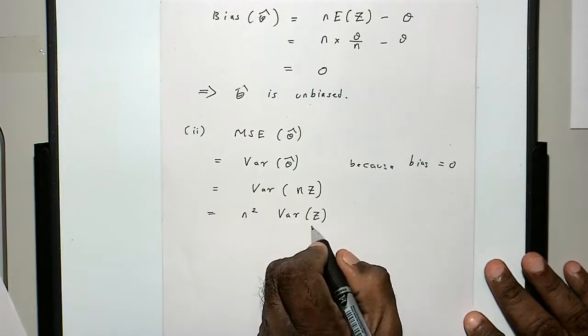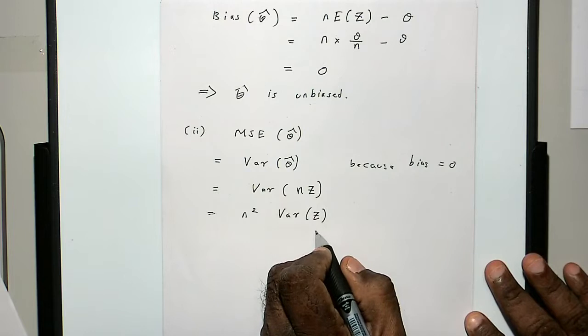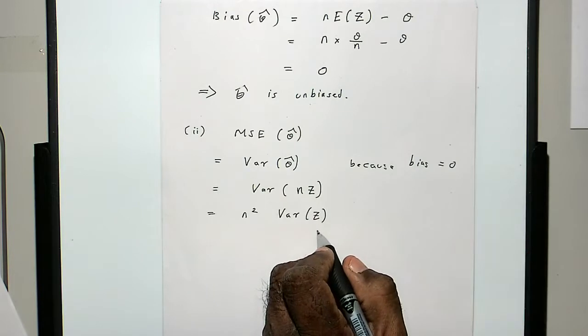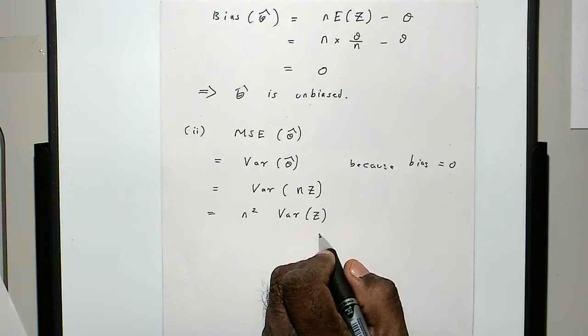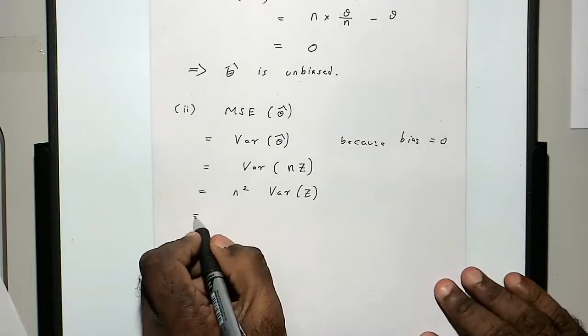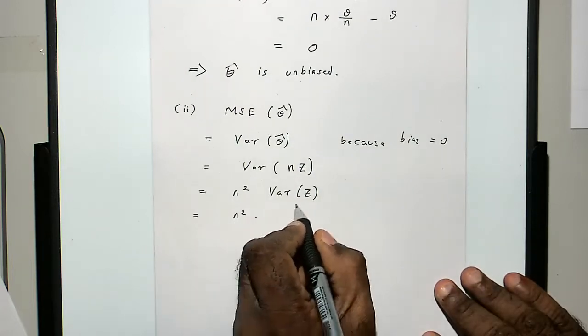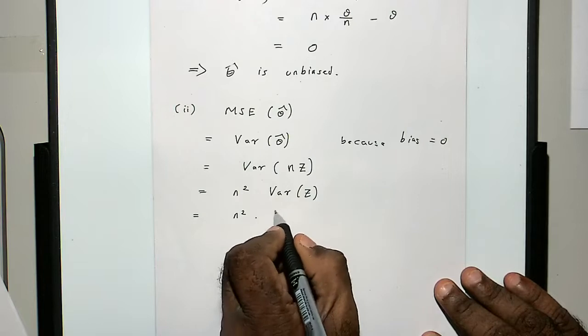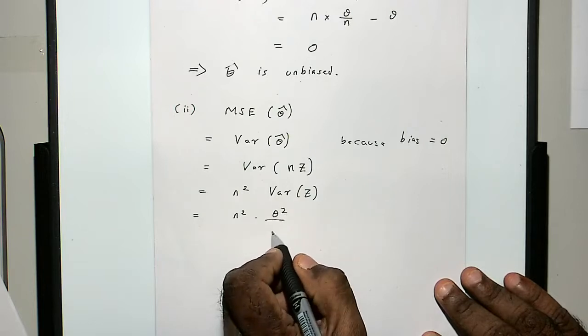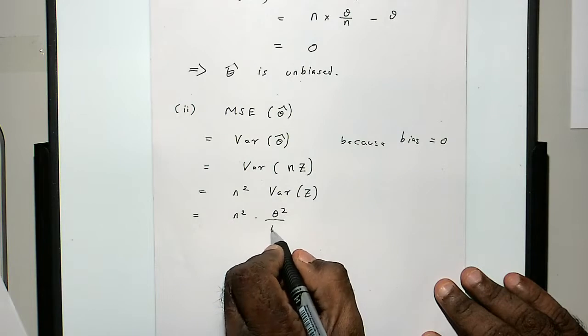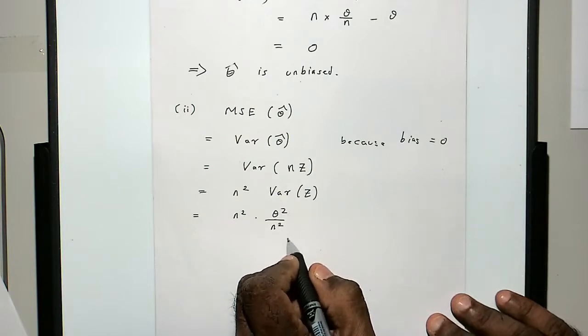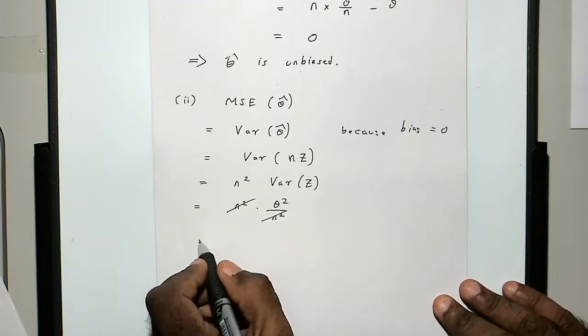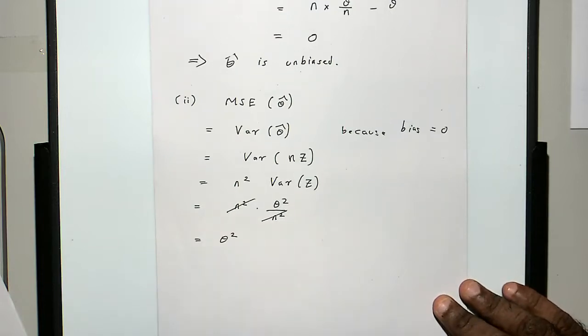Now we know that z is an exponential variable with parameter n over theta. Returning to this, you see that the variance of an exponential is 1 over lambda squared, right? So this is going to be theta squared divided by n squared, right? Okay. So these two cancel out. So the MSE is equal to theta squared.